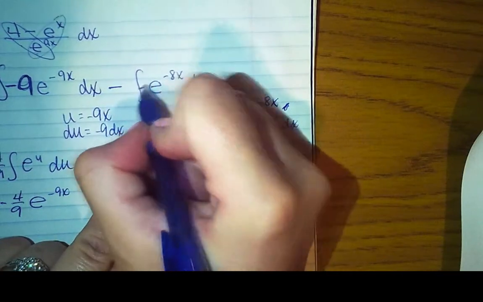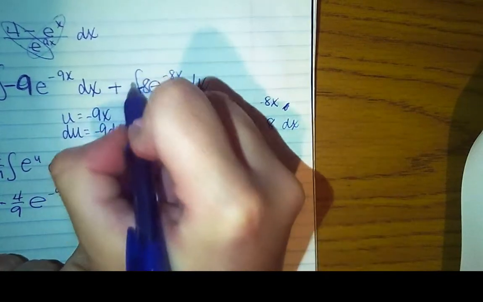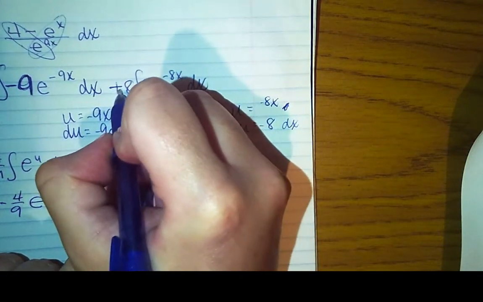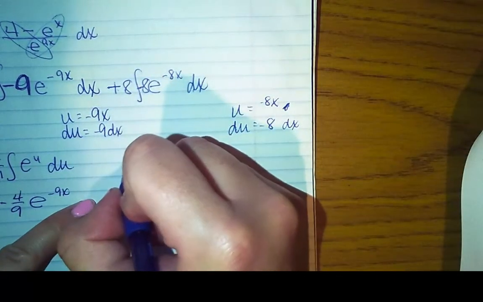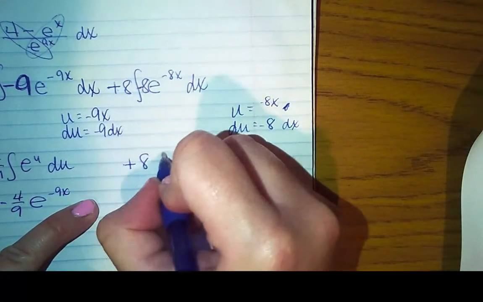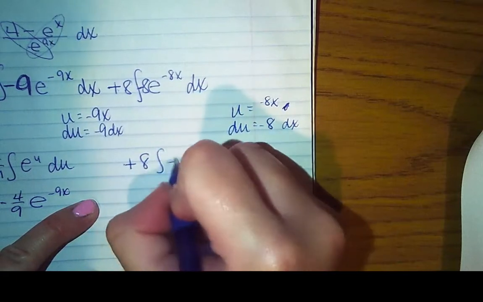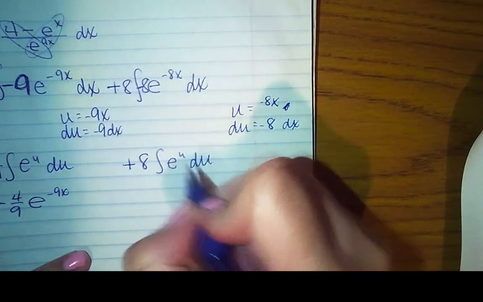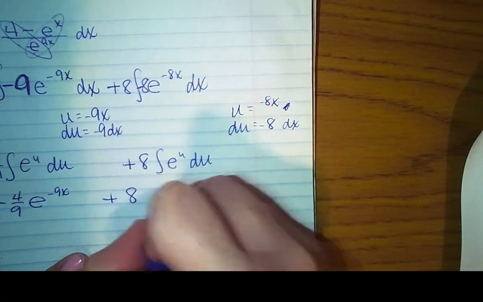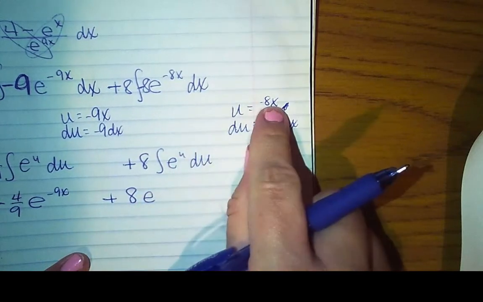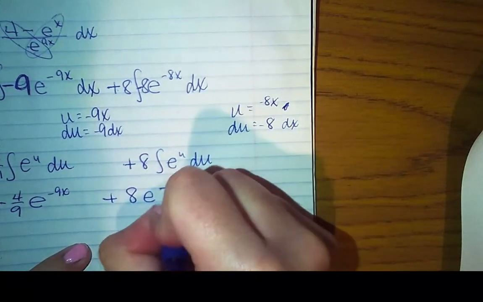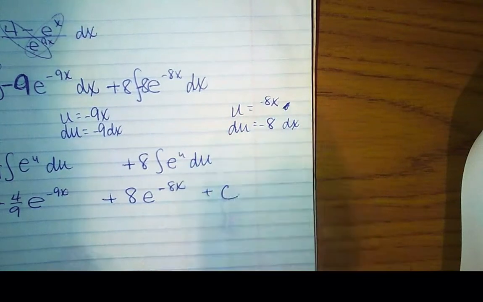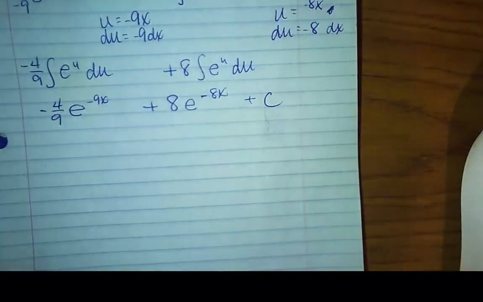So I need a negative 8. So balance with a negative 8, which makes this addition. So now what do I have? I have plus 8 times e to the u du. So now I've got a plus 8 e to the u, which is negative 8x plus c. And then that one's done.